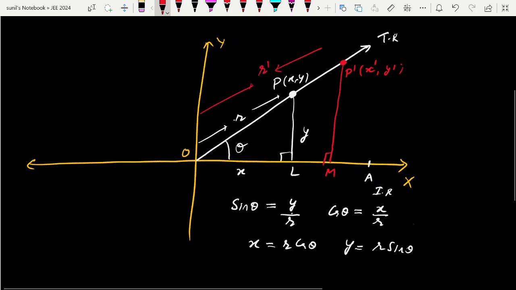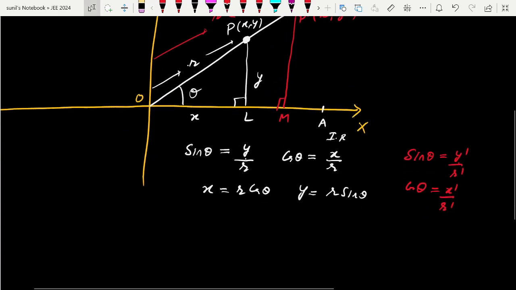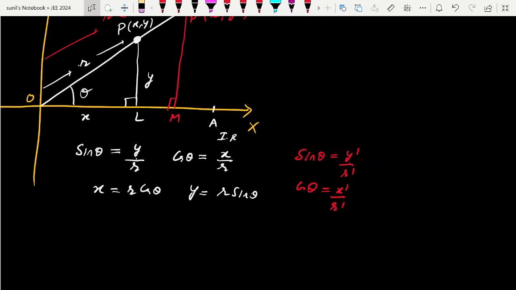Now again, in this right angle triangle, how will you define sine theta? Sine theta will be equal to y dash by r dash. Now cos theta is x dash by r dash. Now what we have obtained from here, that is again the coordinate of the point, that is x dash is r dash cos theta and y dash is r dash sine theta.